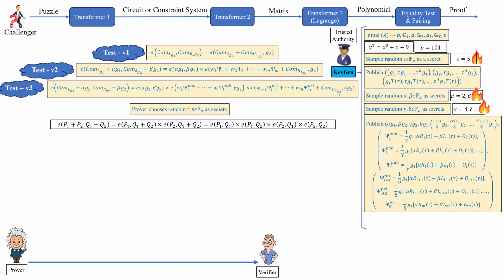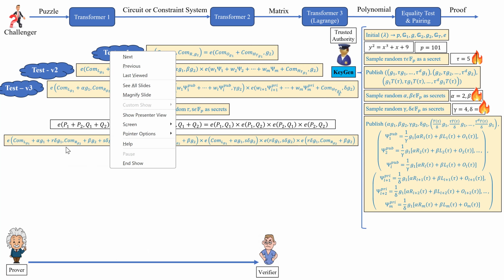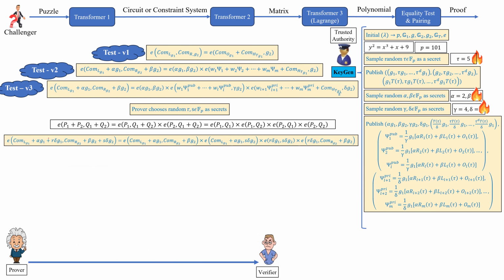So then, using this property related to the pairing that we already had, we can add R delta gamma here and S delta gamma here at the left side, right? Using the property of the pairing, we will have on the right side this one. So based on this property, we will have these values on the right side.